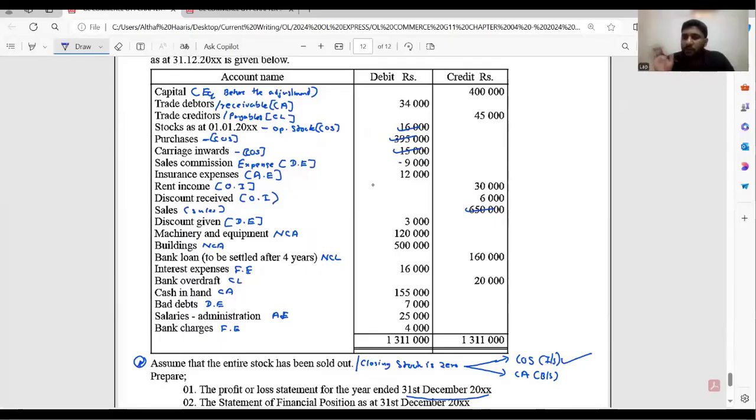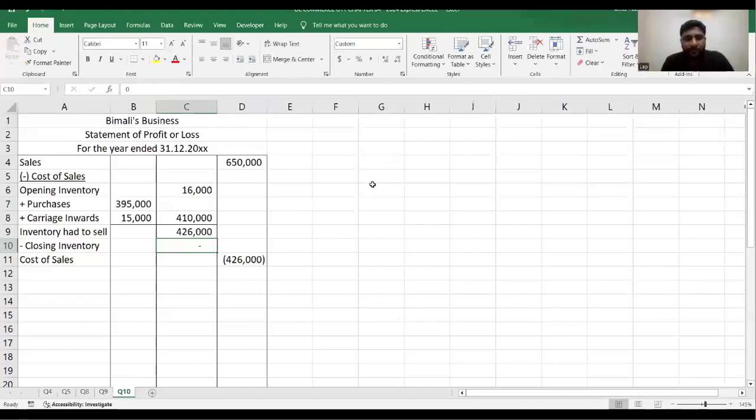Closing inventory taken to the income statement. Done. Now we have to take it only for the balance sheet. In this question we don't have it, but that's the correct way to do it.